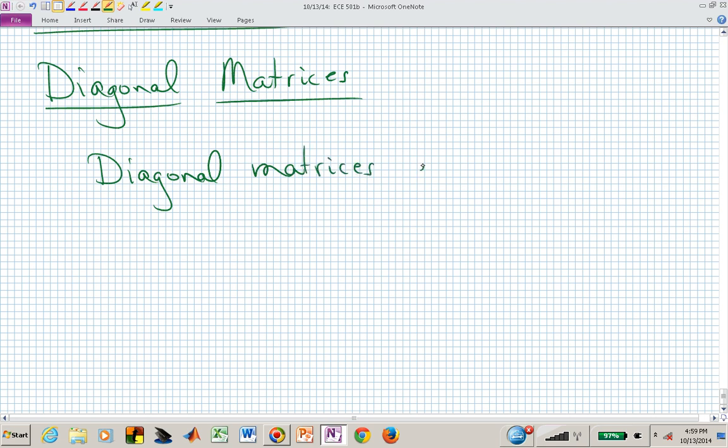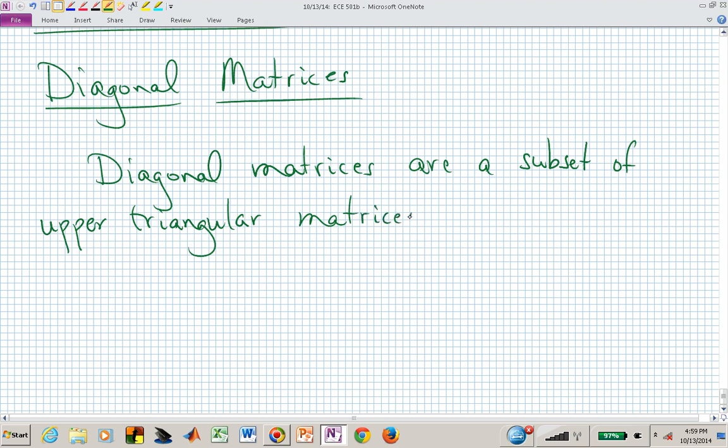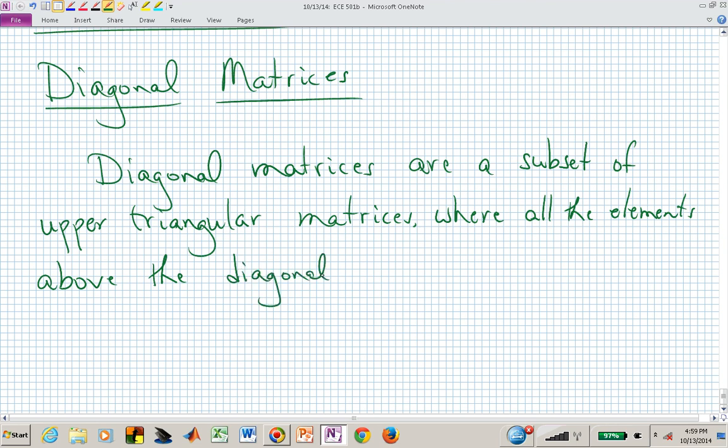Diagonal matrices are a subset of upper triangular matrices where all the elements above the diagonal are also 0.